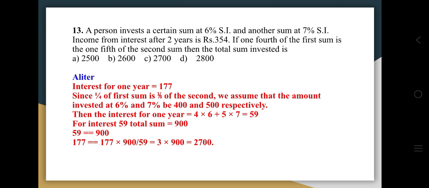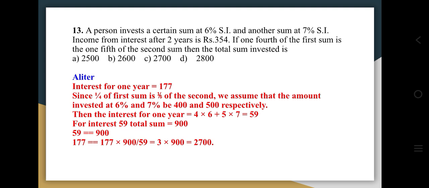And we are given that 1 by 4th of the first sum is equal to 1 by 5th of the second sum. So we can assume the first sum is a multiple of 4, the second sum is a multiple of 5. The simple multiple of 4 is 400, the simple multiple of 5 is 500. So we assume the amounts invested at 6% and 7% are 400 and 500.